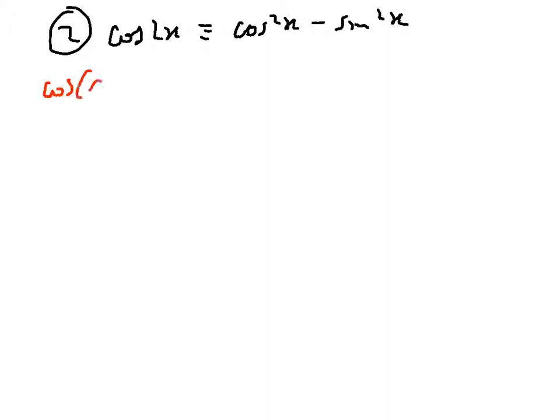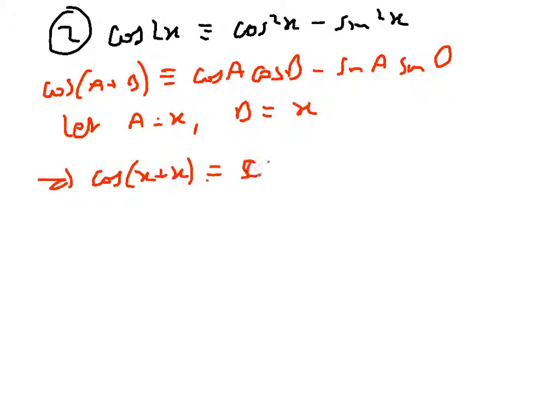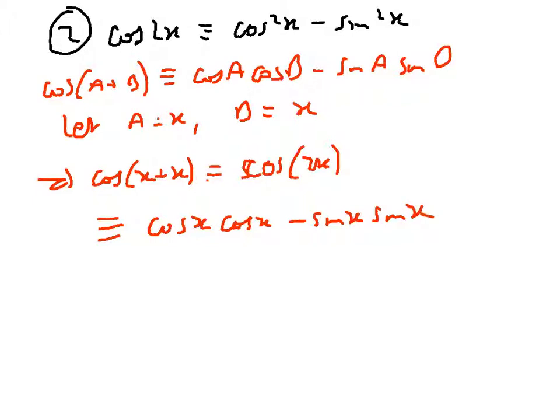So I know that, just like before, cos(A plus B) is always equal to cos A cos B minus sine A sine B. So again, let A equal x and let B equal x, which implies cos(x plus x), which of course is cos 2x, is always equal to, replacing my A and B by x and x, cos x cos x minus sine x sine x.